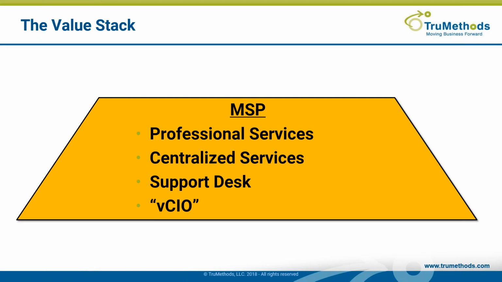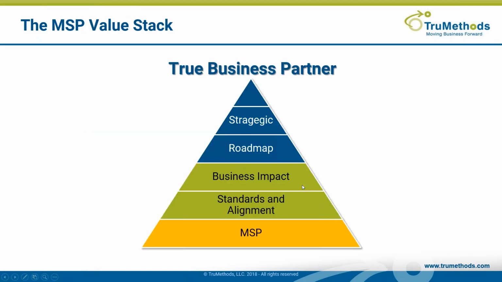Centralized services, all the things we do centrally, and of course the center of that is your RMM, but there are a lot of other things we'll talk about. Support desk, obviously, we need to provide support to customers, and some consulting. So we give people advice. The generic term is vCIO, and we have a whole chapter lesson on that.